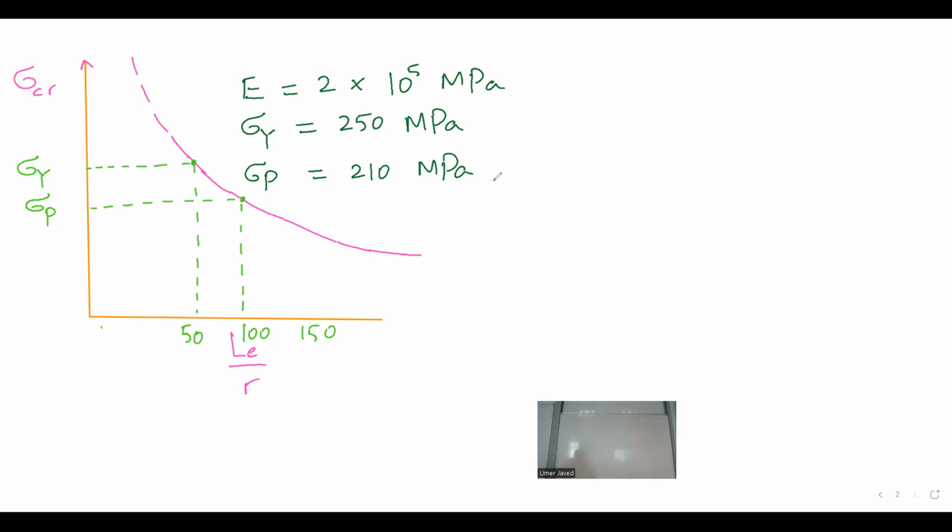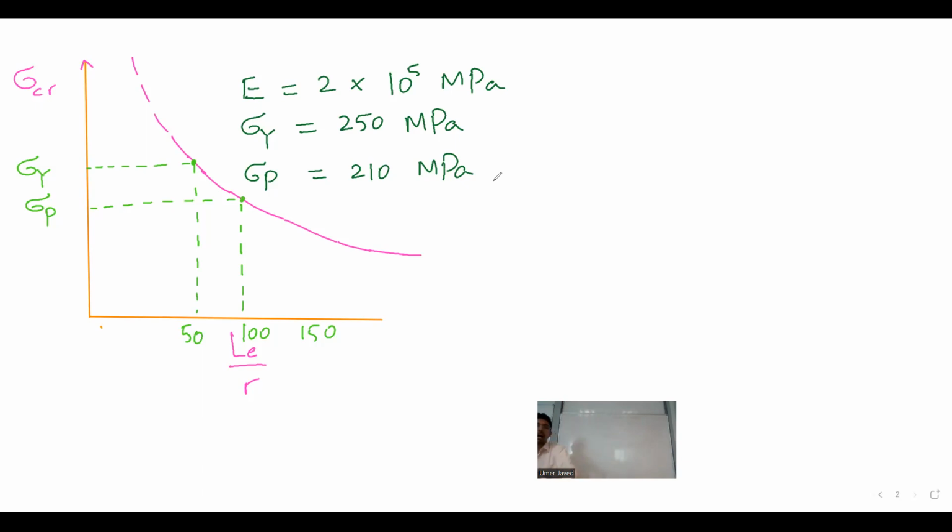But for now, just understand, as long as your LE over R for this aluminium is greater than 100, we are allowed to use the buckling formula that I showed you in the last slide. Boom. If it has to fail, it might fail under buckling.